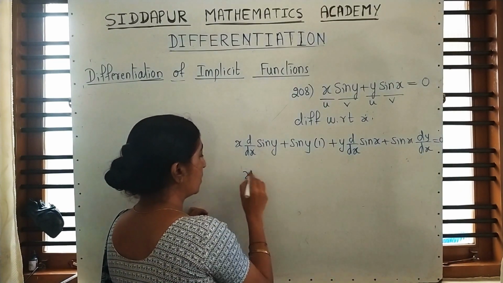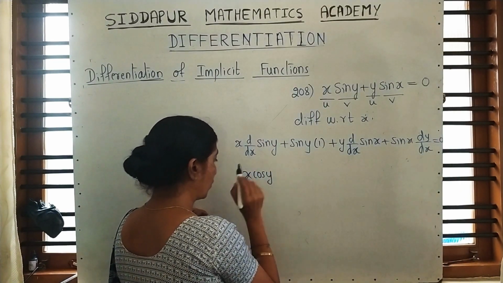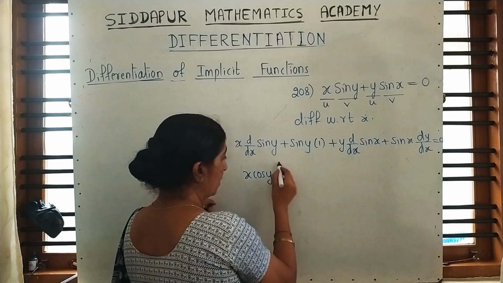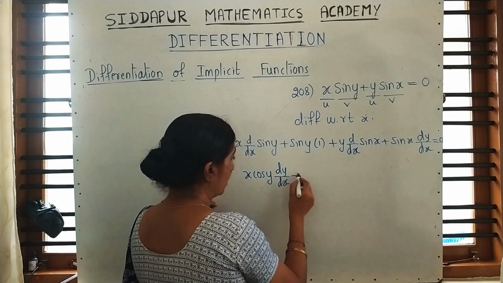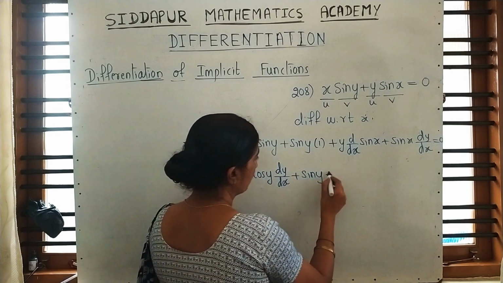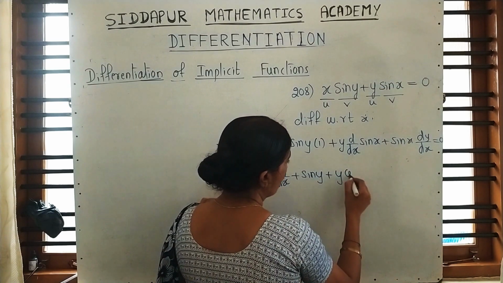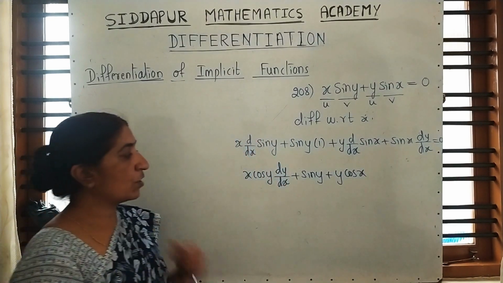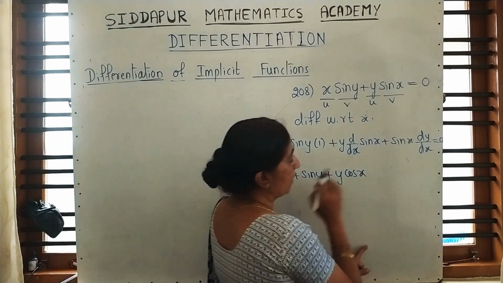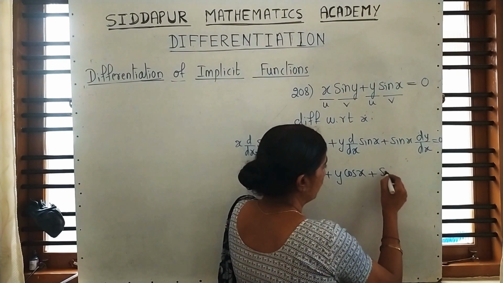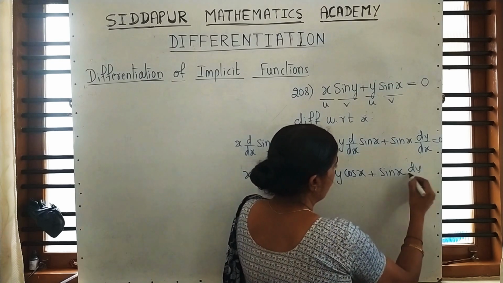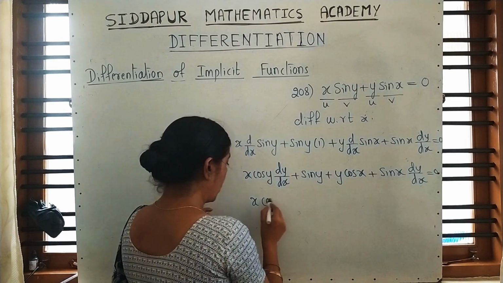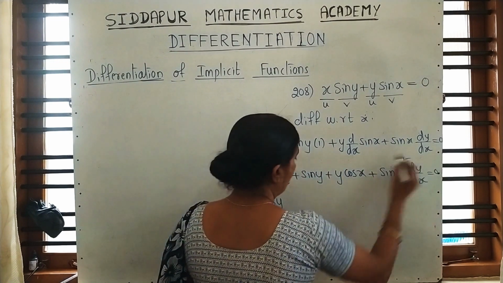X as it is. What is the differentiation of sin y? Cos y. But the angle is other than x. When you differentiate the angle, it is dy upon dx. Differentiation of sin x is cos x. Here no need to differentiate the angle because the angle is x. Differentiation of x with respect to x is 1. Now write down the terms with dy upon dx on the left side, taking dy upon dx common.